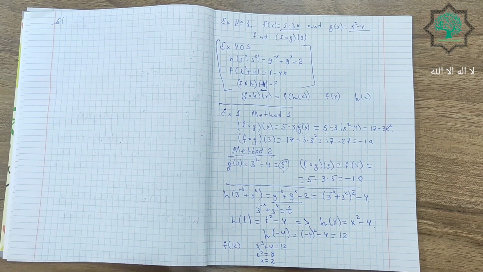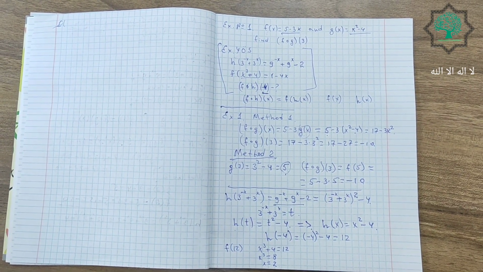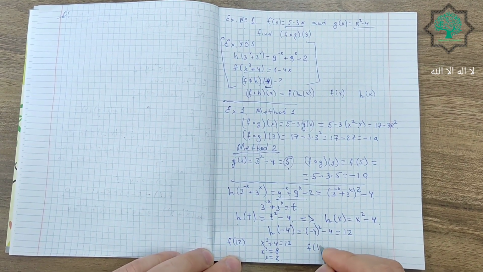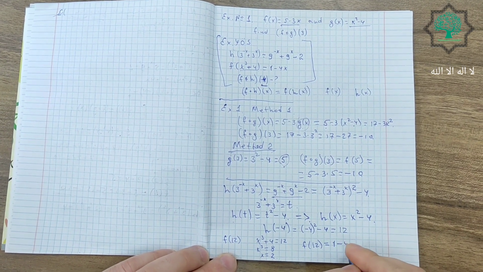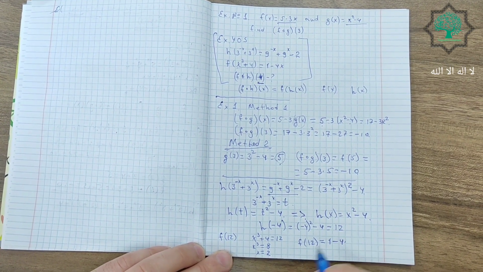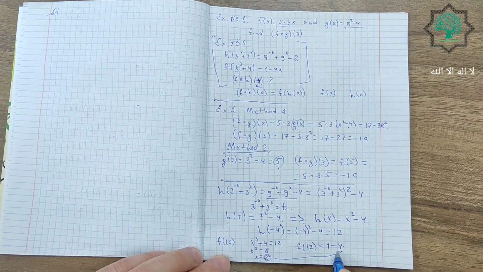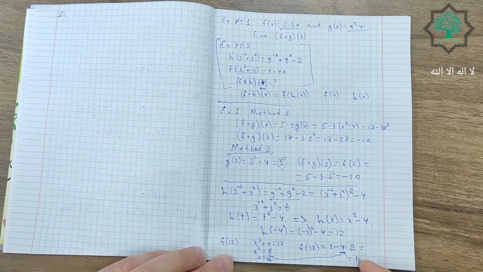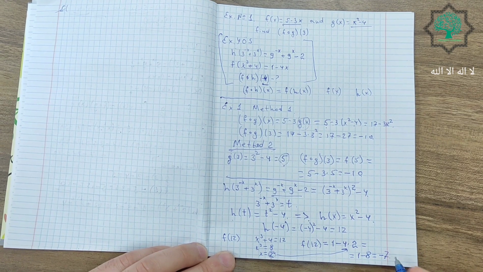To 2. So I have f of 12 equals 1 minus 4. Instead of x, now I put what? 2 times 2. So I have 1 minus 8, which equals minus 7.